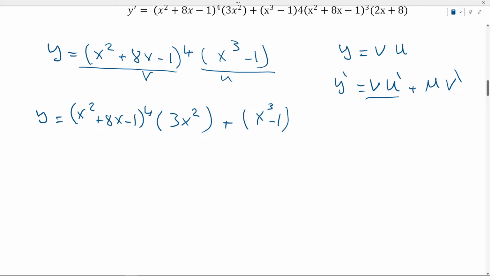I know that to find the derivative of this guy, I need to use the chain rule, because remember the chain rule is dy over dx is equal to dy over du times du over dx.